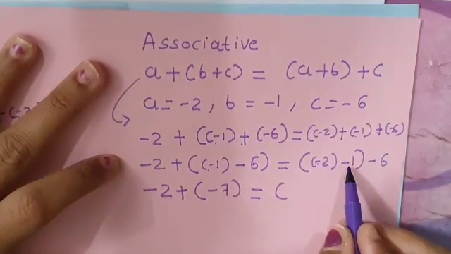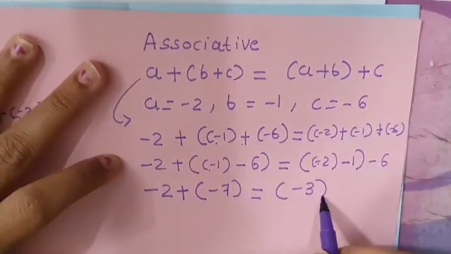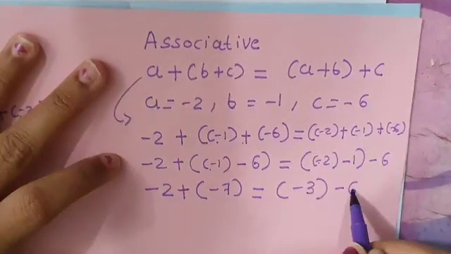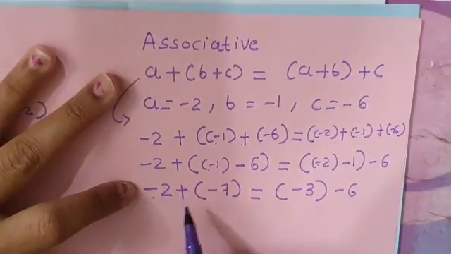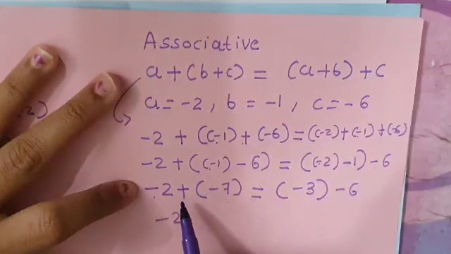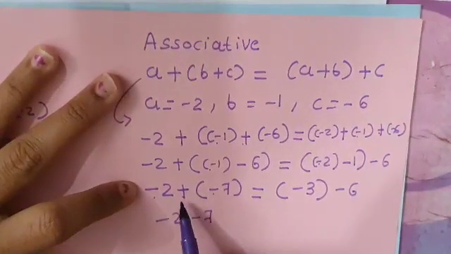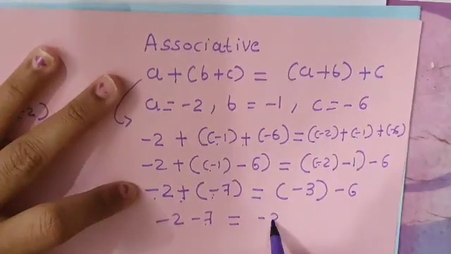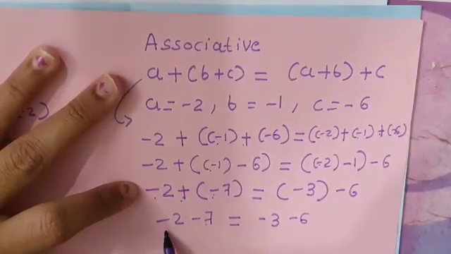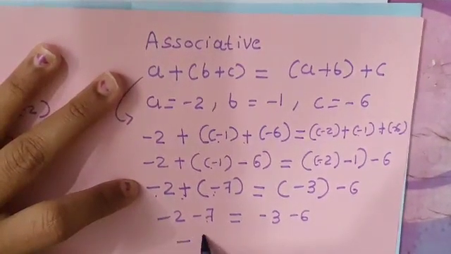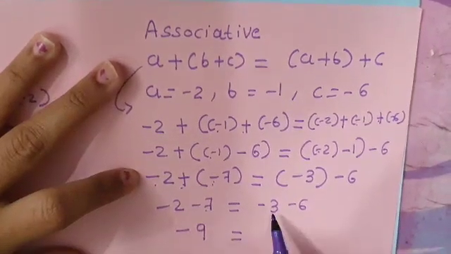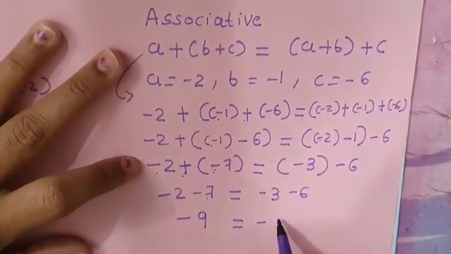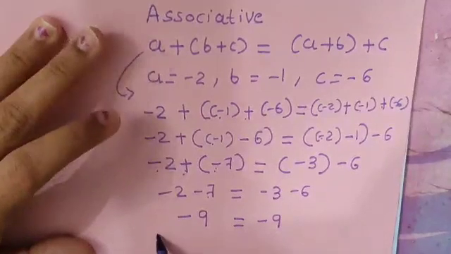Minus 2 minus 1 is minus 3, minus 6. Now minus 2 minus 7 is minus 9, and minus 3 minus 6 is equal to minus 9. So this is proved.